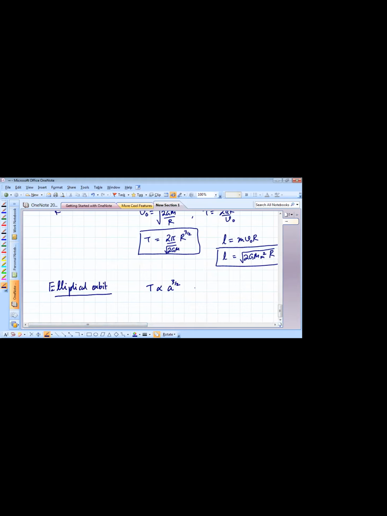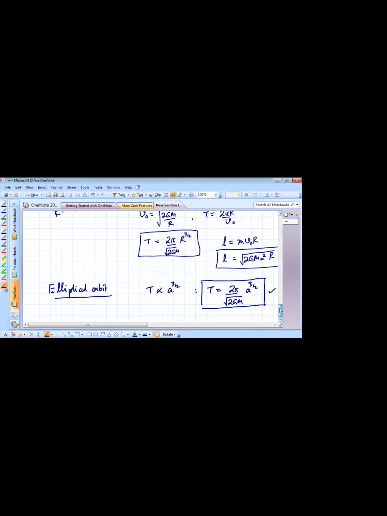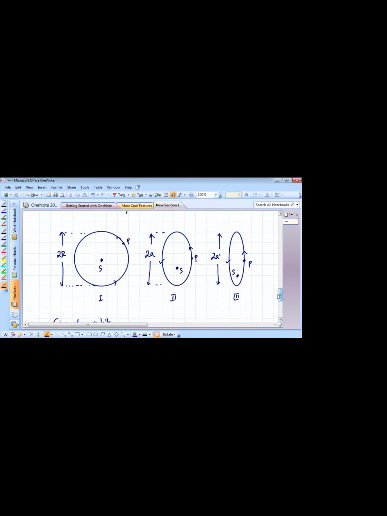And there also the relationship is that only, that time period is equal to 2 pi upon square root of GM into semi-major axis to the power 3 by 2. That is what we can say about time period. Okay. Now, what we can say about energy, in terms of semi-major axis.